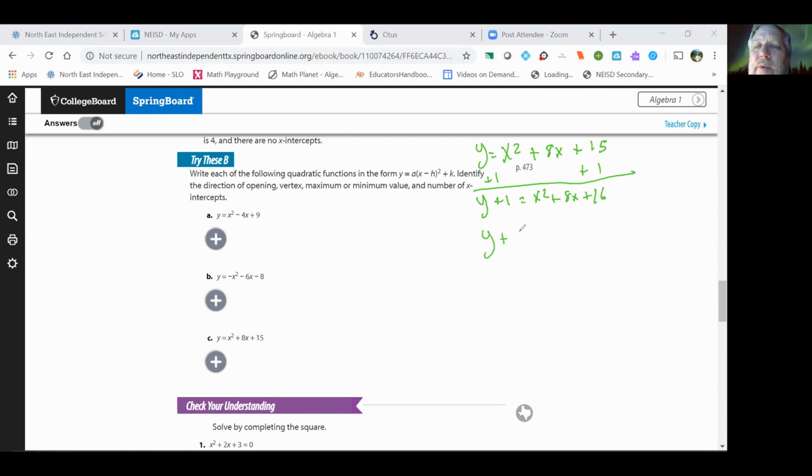I'll rewrite the perfect square trinomial as a binomial squared. It's going to be x plus 4 squared. And then I'm going to get y by itself by subtracting 1 from both sides. So y is equal to x plus 4 squared minus 1. So a is equal to 1.